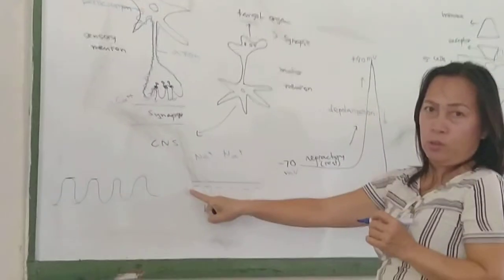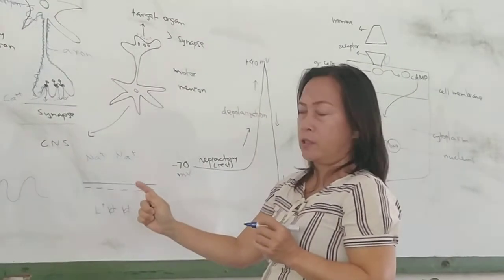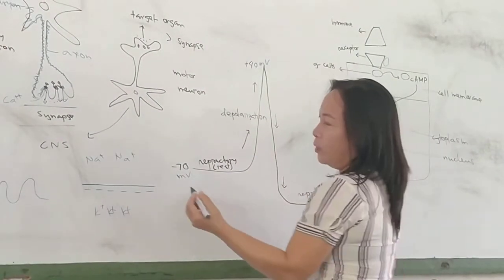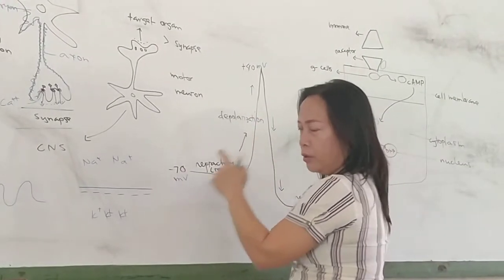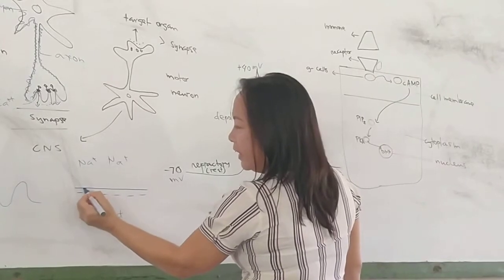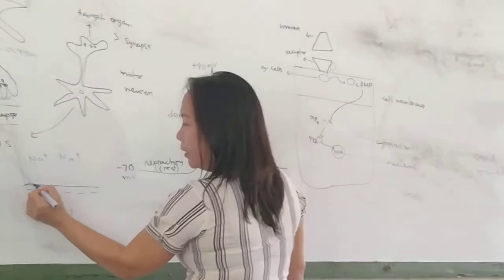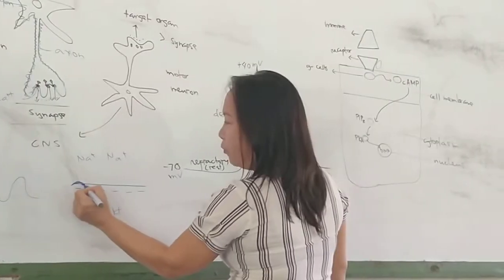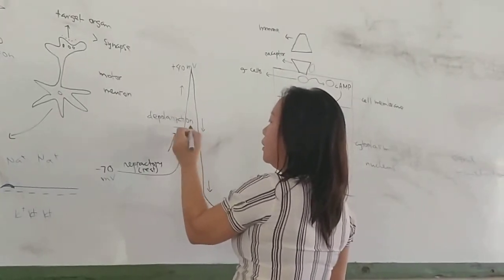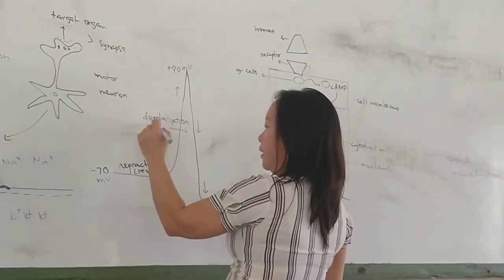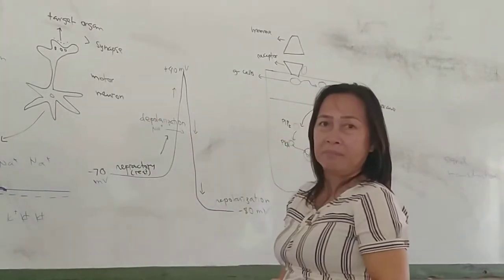There is no stimulus yet. However, when there is already a stimulus, there is what we call depolarization, as I have said. What happens in depolarization? The gate opens up for sodium. This is actually the opening of the sodium gate.